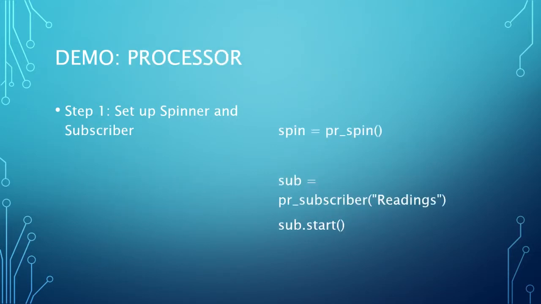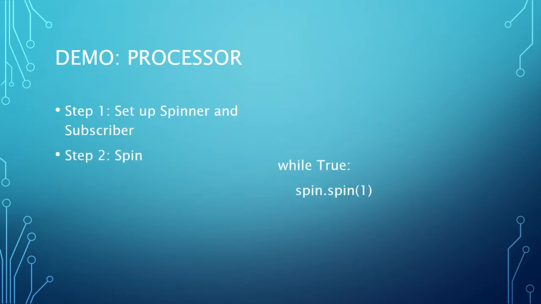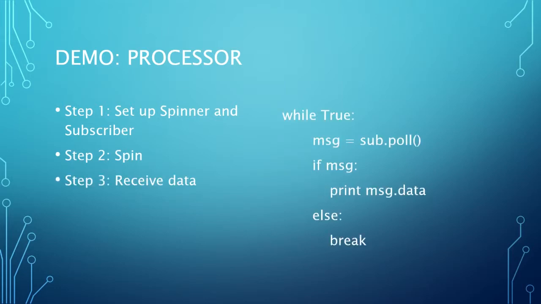Processor begins in much the same manner. We initialize a spin object and a subscriber object. We then have to start the subscriber object, so we will be able to pull from it. The processor's second step is identical to the scanner's. Next, we pull the subscriber for any messages.